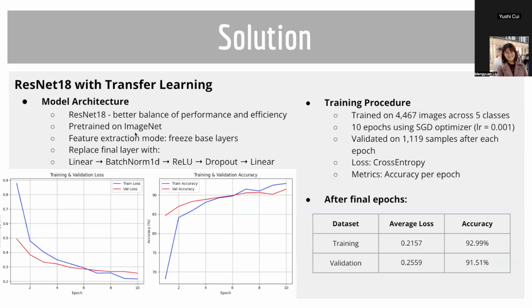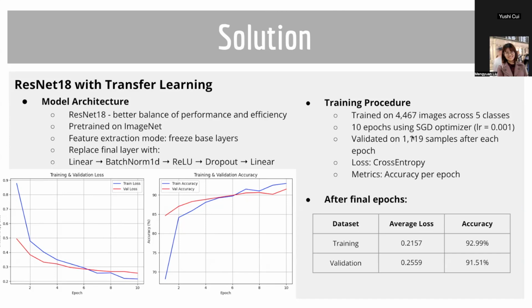We use a version pre-trained on ImageNet, freeze the base layers to preserve learned features, and replace the final fully connected layer with a custom classification head. The model was trained using the SGD optimizer with a learning rate of 0.01 for 10 epochs.